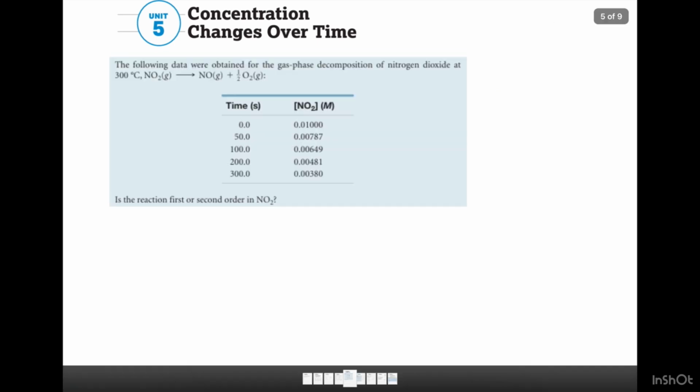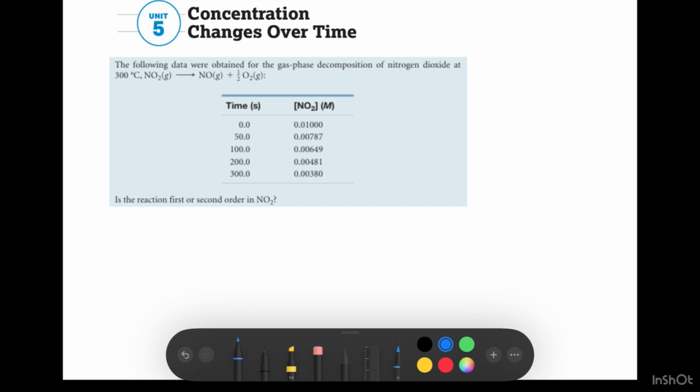In this question, we are given concentration and time, and the question is asking whether this is a first or a second order. Since it's asking whether it's a first or a second, the zero order is excluded from our considerations.